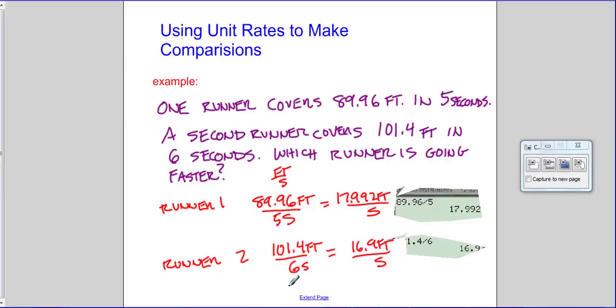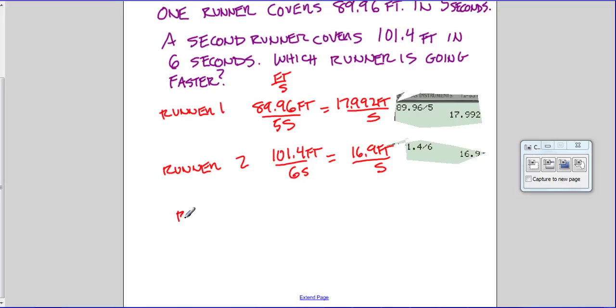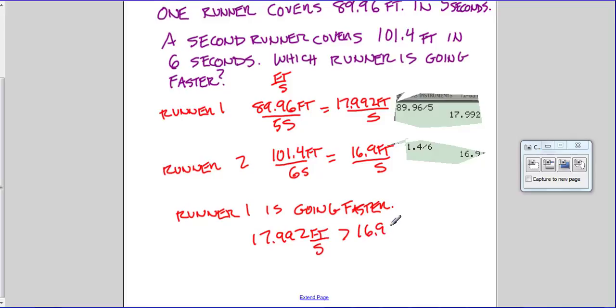So runner 1 is going faster. 17.992 feet per second is greater than 16.9 feet per second.